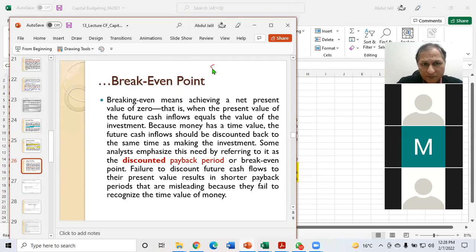So the sum of discounted benefits, right? 1 over 1 plus i, for any time period t, minus the sum of discounted costs, 1 plus i to the power t, equal to 0, right?